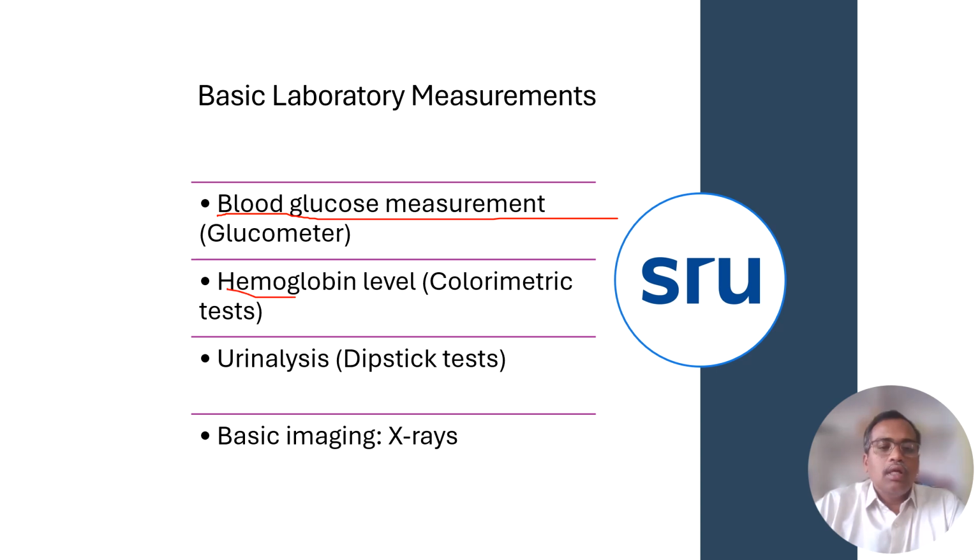The colorimetric test can be used to find the level of blood hemoglobin. If hemoglobin is low, it means the patient is suffering from anemia.